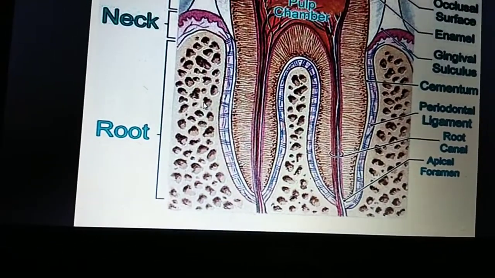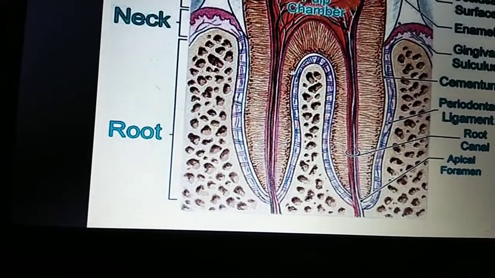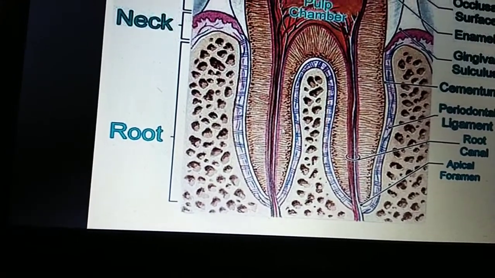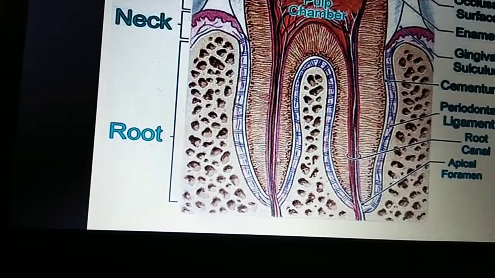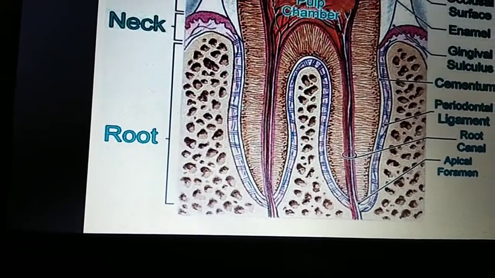The root is the lower two-thirds of the tooth, and normally these roots are buried in the bone, and they serve to anchor the teeth in a proper position.